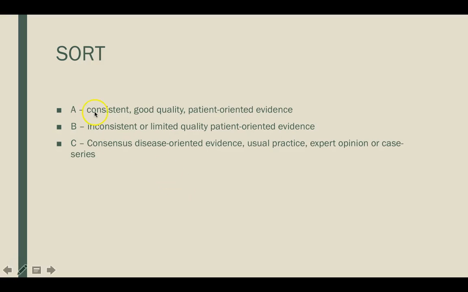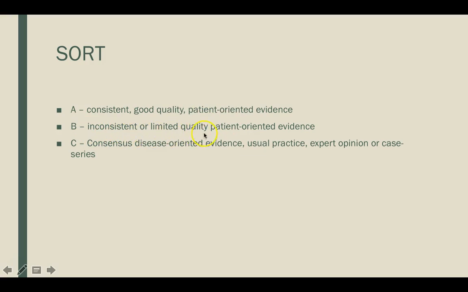Another tool that is used is what's known as SORT. This is actually what the position statements from the NATA use. So A is a consistent, good quality, patient-oriented evidence. So patient-oriented, that means if they're using healthy subjects, it automatically can't be an A. If they're using animal subjects, can't be an A, right? It's not patient-oriented.